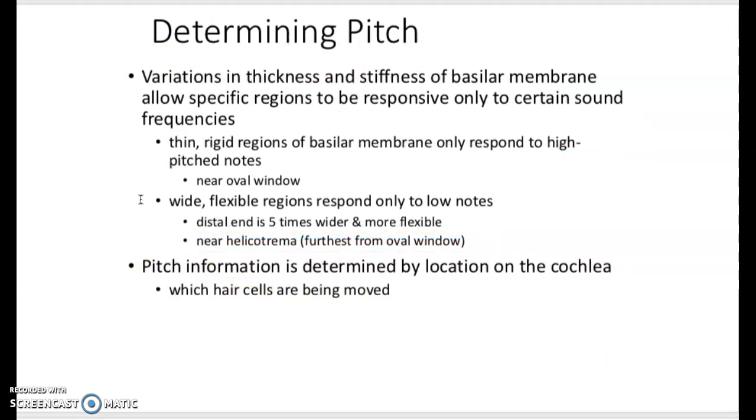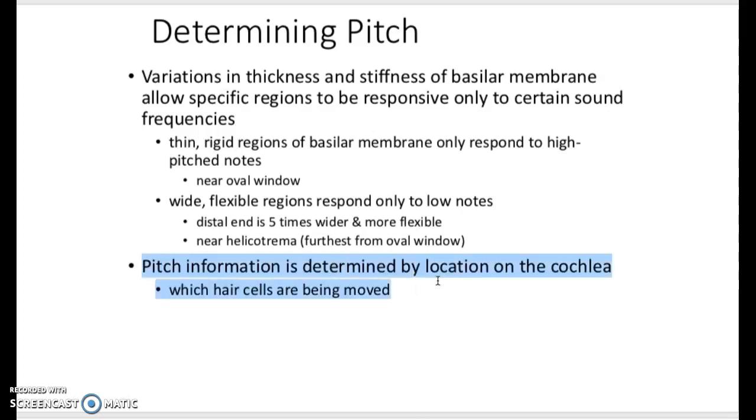So determining the pitch. Depending on where the hair cells are being moved, that will tell us where the pitch is. So the cochlea is shaped like a shell, and as you wrap around and get into the innermost part of the cochlea, that's the part that's going to sense the really high pitches, versus the outermost regions are sensing the lower pitches.